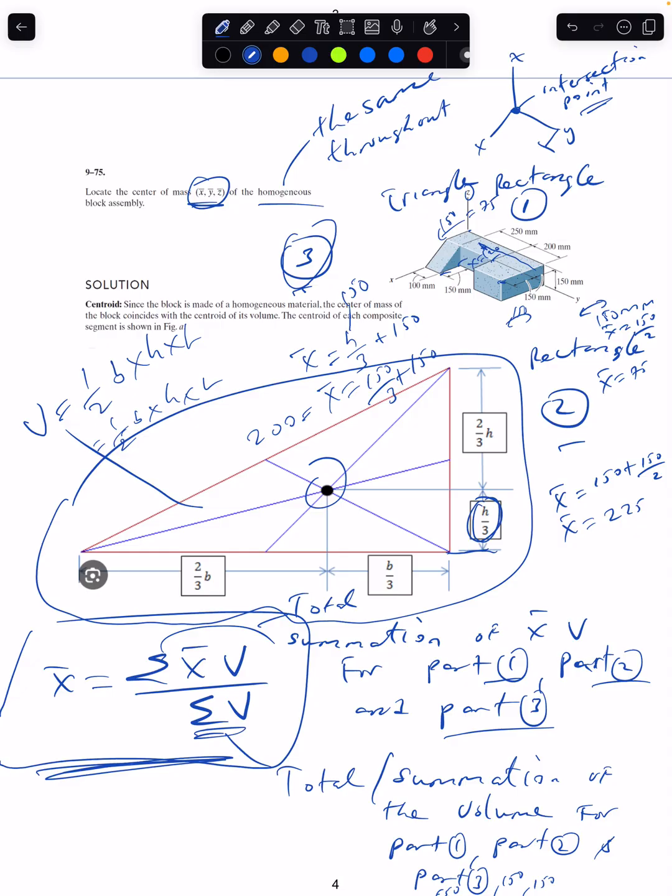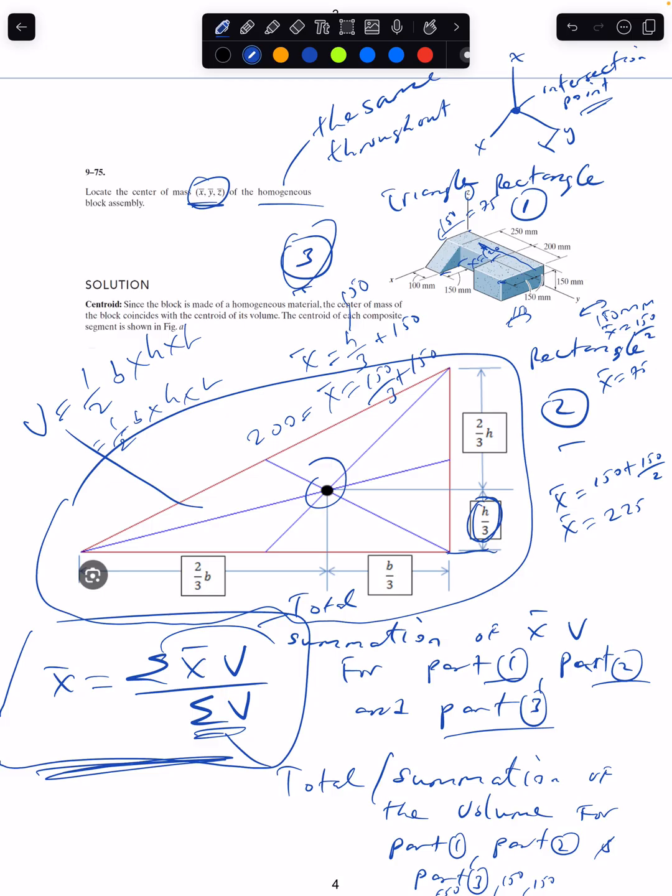So remember that different shapes have different volumes and different distances, but now we are getting the centroid for the entire body. It's like you are trying to design an aircraft and you have so many different parts, and all those parts have different centers of gravity, and we are trying to get the center of gravity for the entire aircraft on X, Y, and Z. Even for your car, you have so many parts put together, and all those parts have different centers of gravity at different locations.